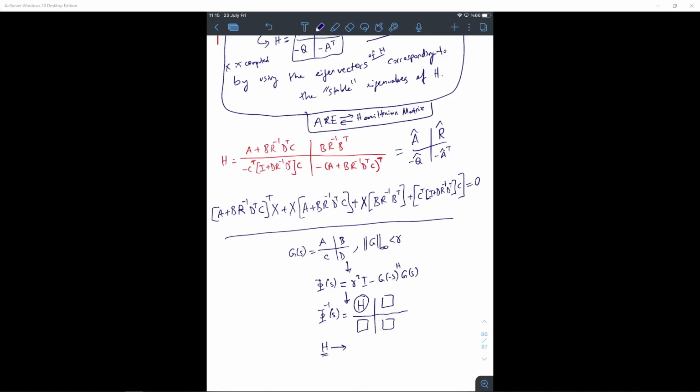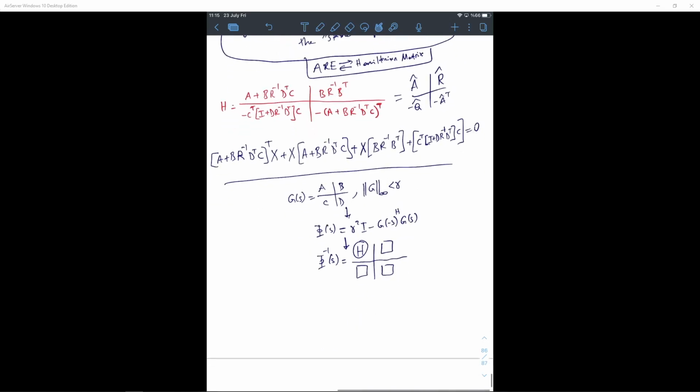From this H we then constructed the algebraic Riccati equation, and that was it.